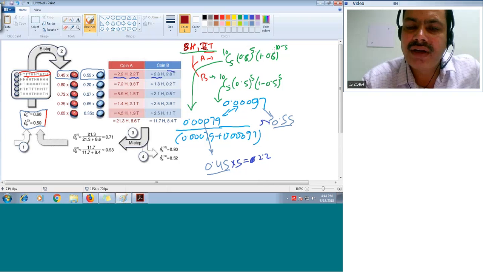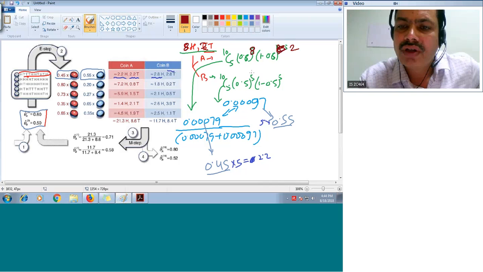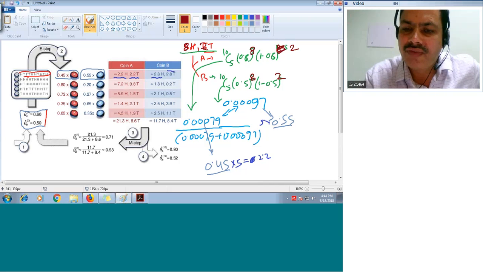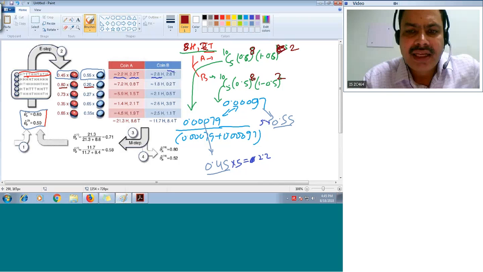The probability of getting 8 heads and 2 tails is, for heads 0.8, and for tails 10 minus 8, it is 2. So here it is power 8 and here it is power 2. You put these things over here, and if you use this formula to get the normalized values, it comes out to be 0.8 and 0.2.